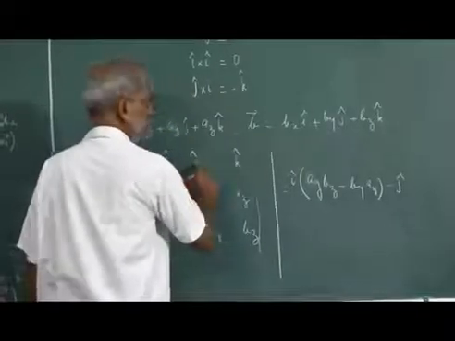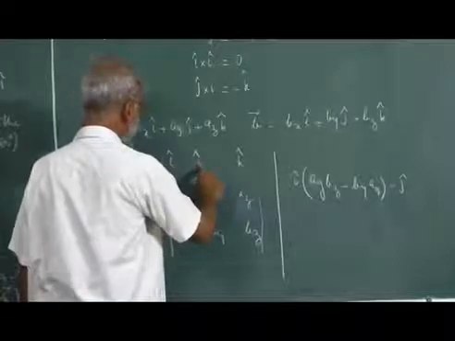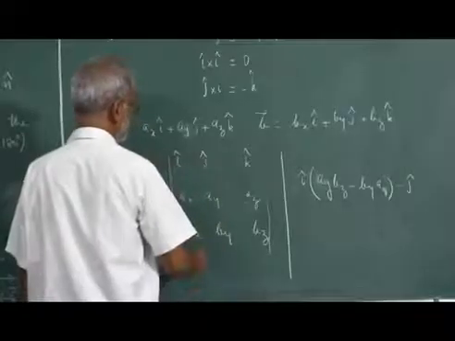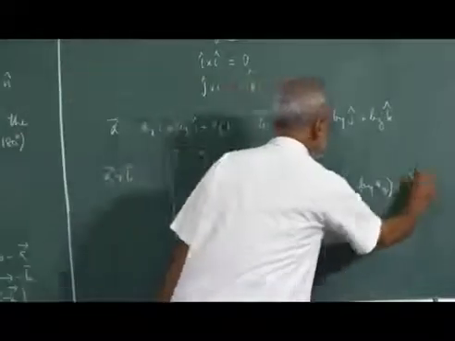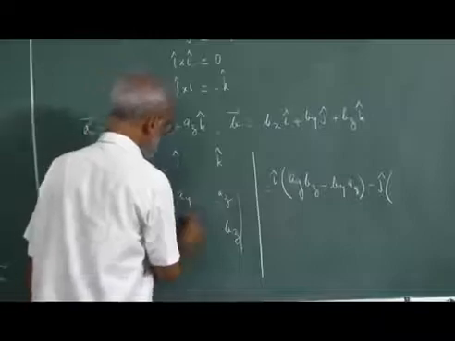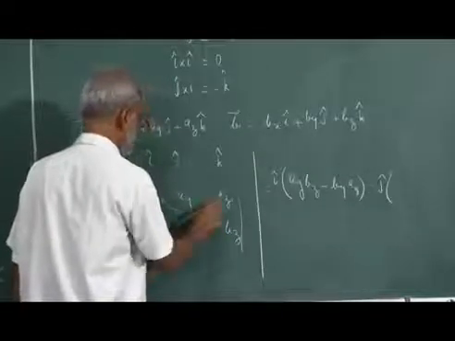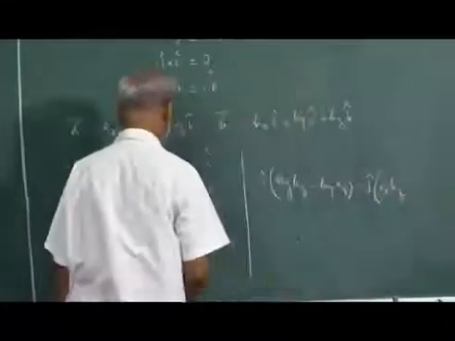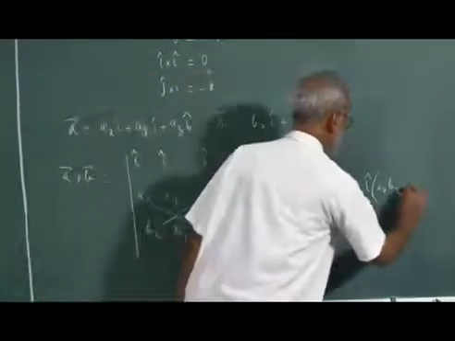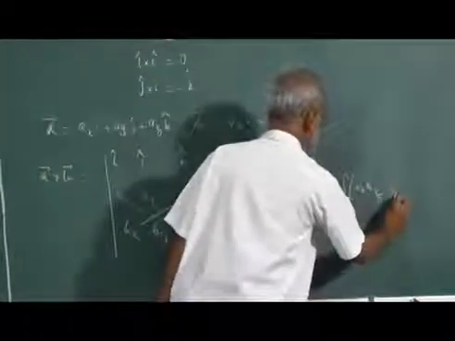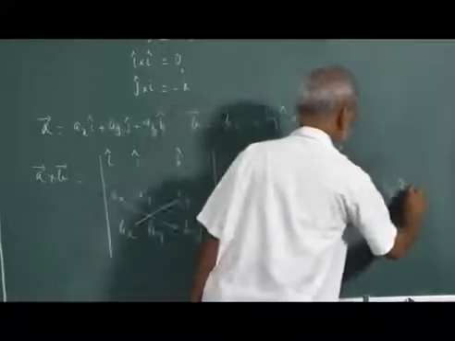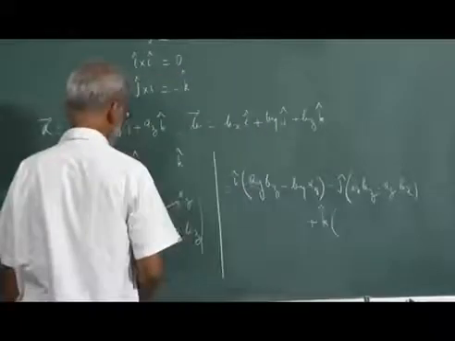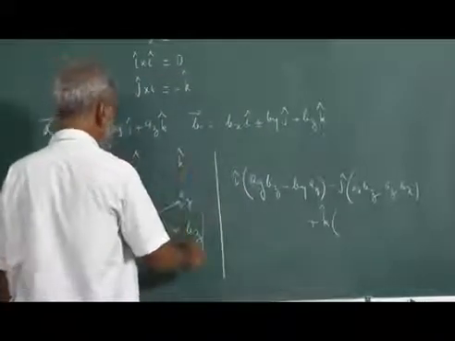For j, I take this as the lead element, therefore I should leave this column and this row. When I do that, I put a minus sign, and this will be Ax Bz minus Az Bx. Plus the last component. For the last component, I should leave this column and this row.